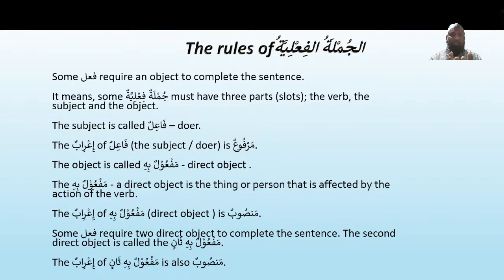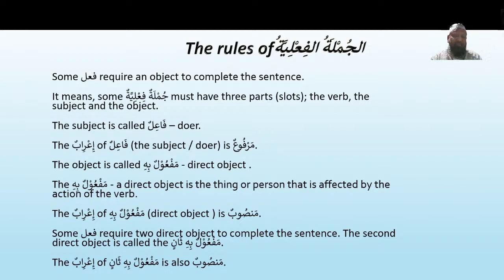And any ism we see in jumla fi'liya in mansub case, where the action of the person has no effect on that ism, then this cannot be maf'ulun bihi. There are other things we're going to add later on. Okay. The i'rab of maf'ulun bihi is mansub.